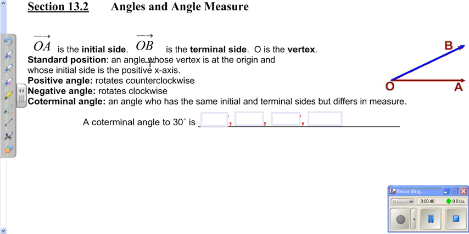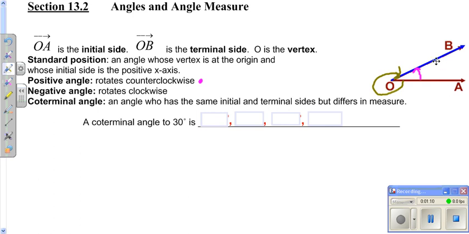In our angle in standard position, as we said, your positive x-axis is your initial side. Now, if your angle starts here and rotates up, it's referred to as a positive rotation. However, if your angle starts here and rotates backwards all the way around to this, it's referred to as a negative rotation or a negative angle.